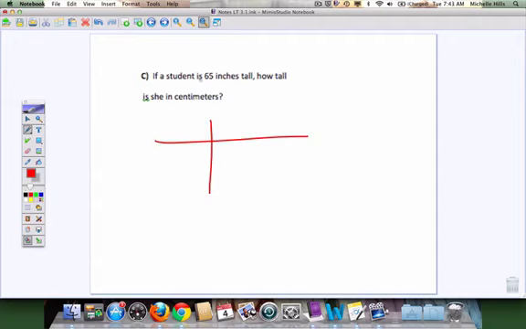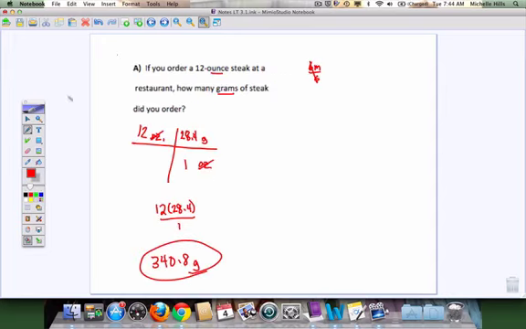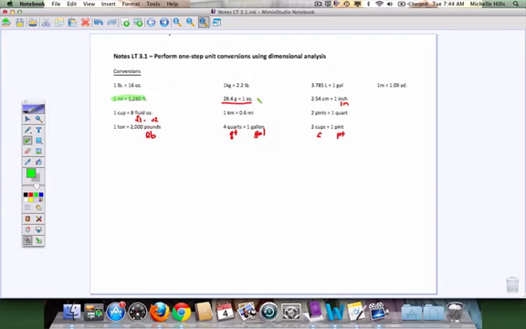Again, one-step conversion. A student is 65 inches tall. How tall is she in centimeters? So I want to convert from inches to centimeters. Since inches is on the top here, it needs to be on the bottom in my conversion so that I can cancel. And I go back to my conversion table, and it says 2.54 centimeters is equal to 1 inch.